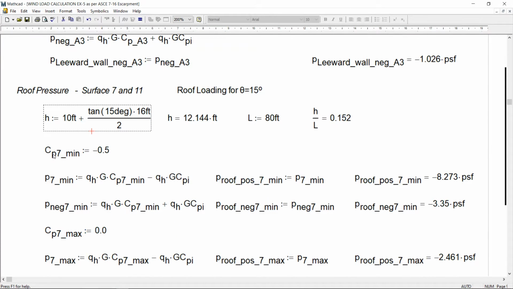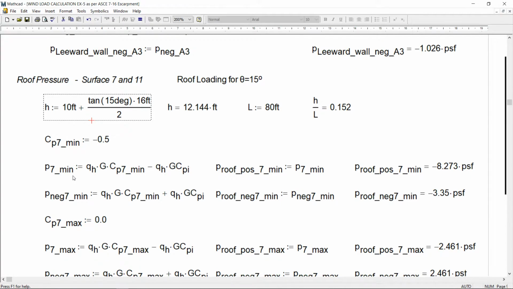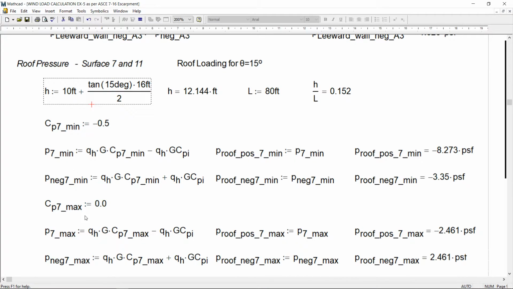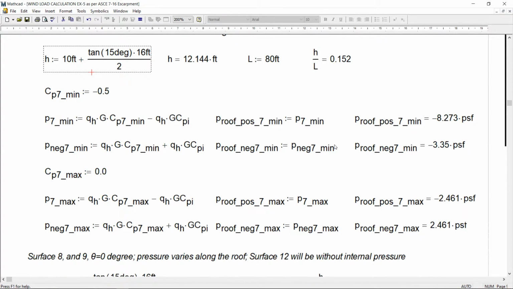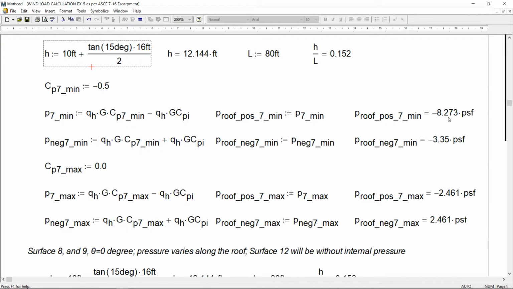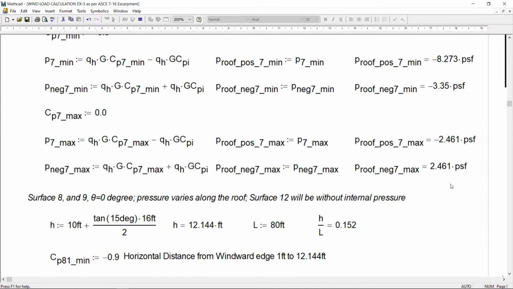So using the same values over here, Cp is 0.5. I calculated P minimum, and for the maximum value it is taken as 0. Both these pressures on surface 7 and 11 are calculated here. So when GCpi is taken as positive, the value comes out to be minus 8.273, and when it is taken as negative, it comes out to be minus 3.35. When it is 0, the values are 2.461.